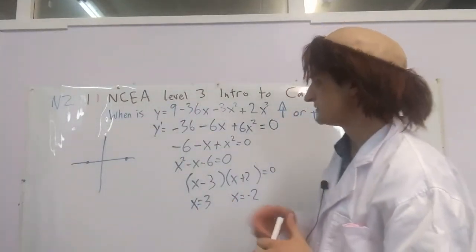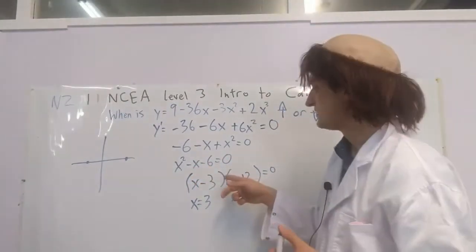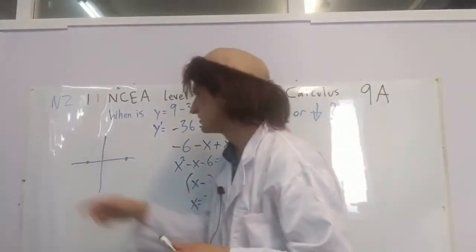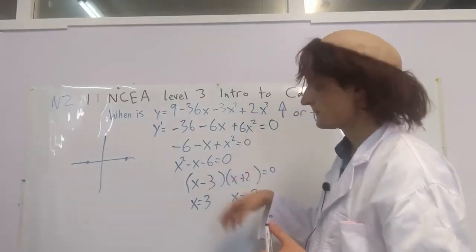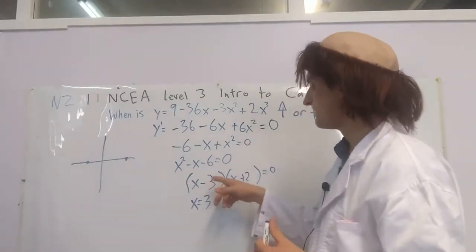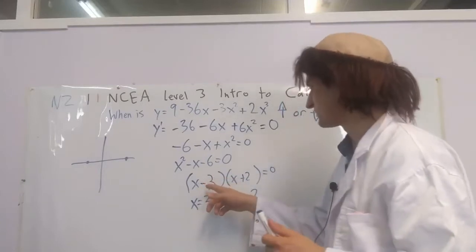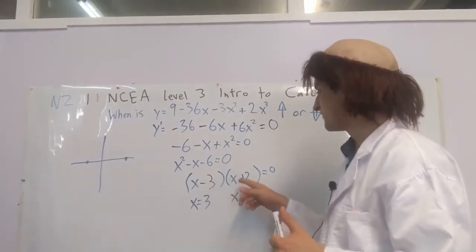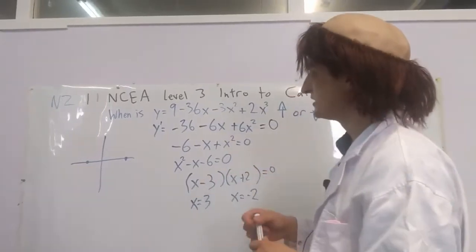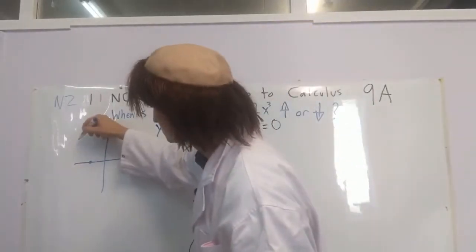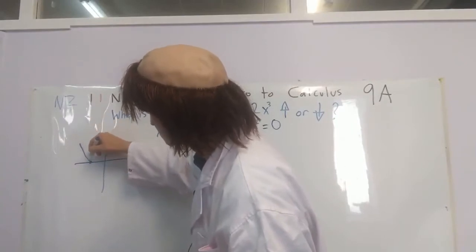And let's see what happens if we plug in something that's less than negative 3. Let's say we use something like negative 4. Negative 4 minus 3 would be negative 7. Negative 4 plus 2 would be negative 2. Negative times negative, that looks like this is positive up here. So it looks like it's going like that.